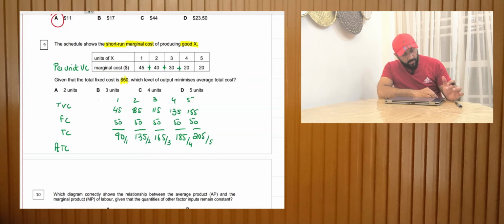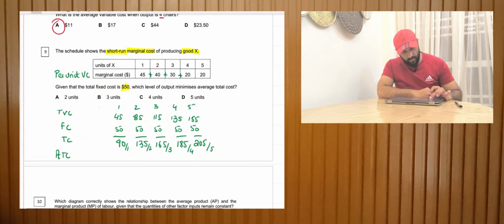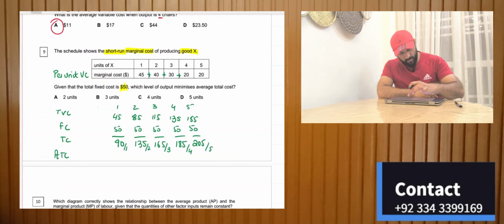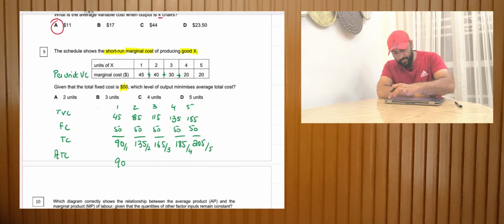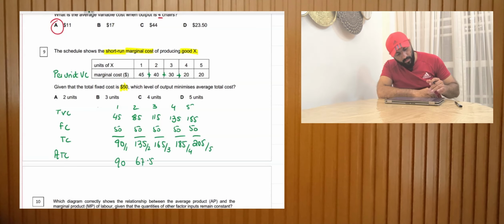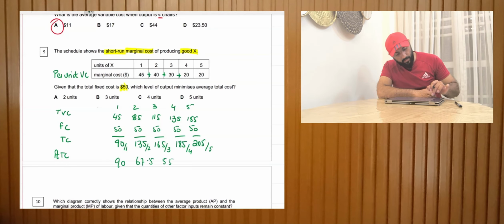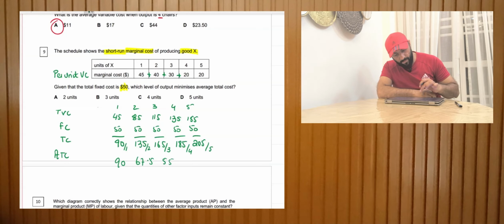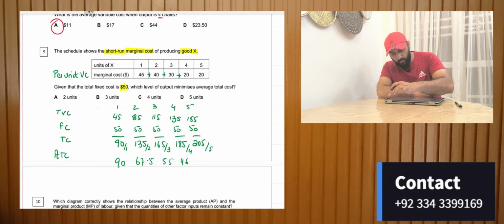I'll just use the calculator. So using the calculator, this gives me 95. 135 divided by 2 gives me 67.5. 165 divided by 3 gives me 55. 185 divided by 4 gives me 46 point something, and 205 divided by 5 would give me 41.